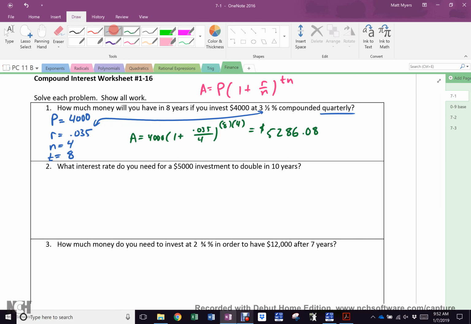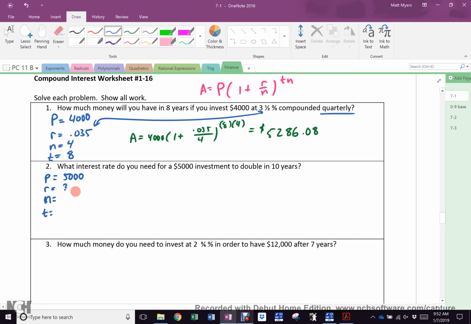Next one, again, I always like to write it out. PRNT. I have a $5,000 investment. I need it to double in 10 years, right? So my rate is what I don't know. My N, what is my N?